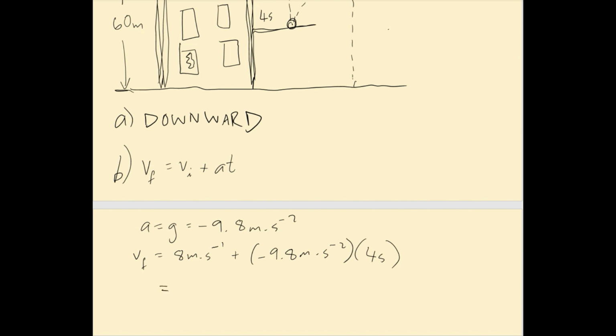So this would be 8 minus, now what is 4 times 9.8? 4 times 9.8 is 39.2. 39.2, I'll just say meters per second outside the brackets there, which is negative 31.2 meters per second. So this is a reasonable answer. It makes sense because the ball is falling downwards.